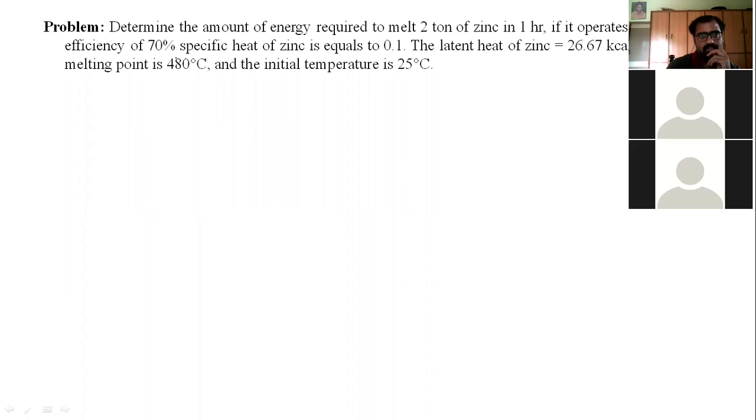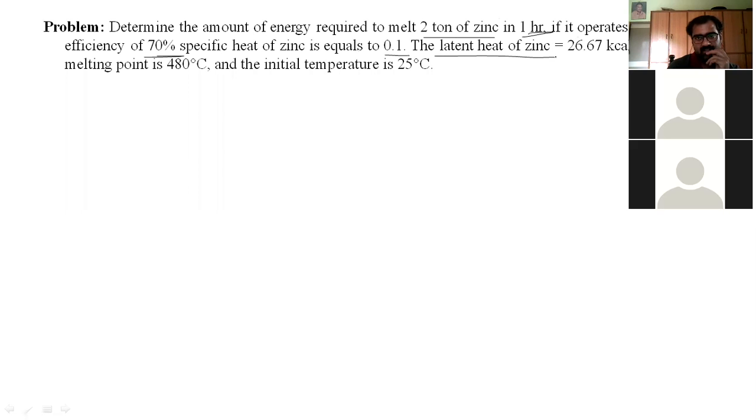Determine the amount of energy required to melt 2 ton of zinc. So he is asking the amount of energy required to melt the 2 ton of zinc. The heating material is zinc, in a 1 hour time period he has given. It operates at an efficiency of 70%, the specific heat of the zinc is equal to 0.1.